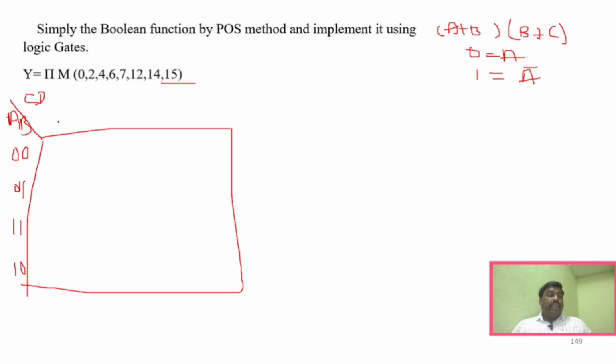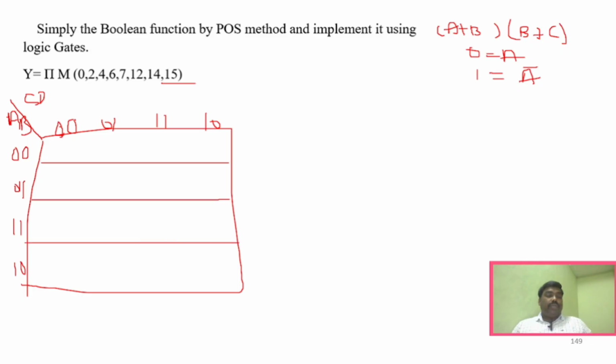And here it will be 0, 0, 0, 1, 1, 0, 1, 1, correct? And now what you have to do is find out the positions.